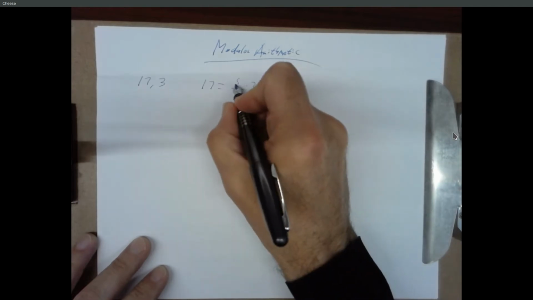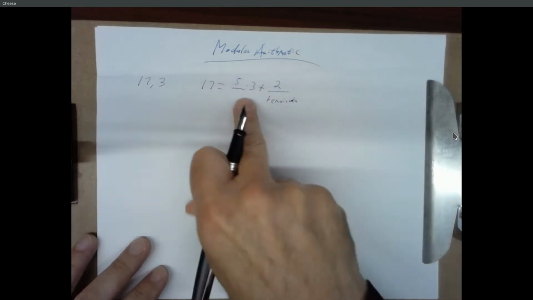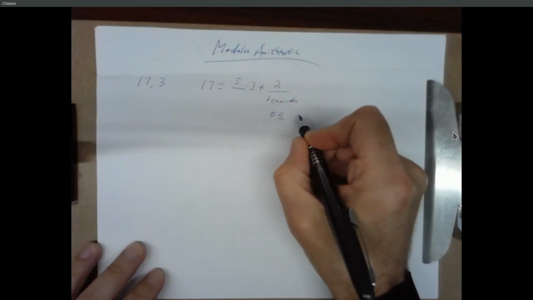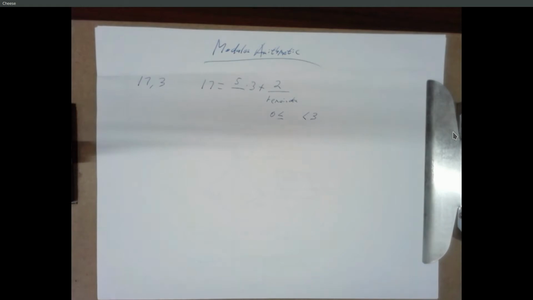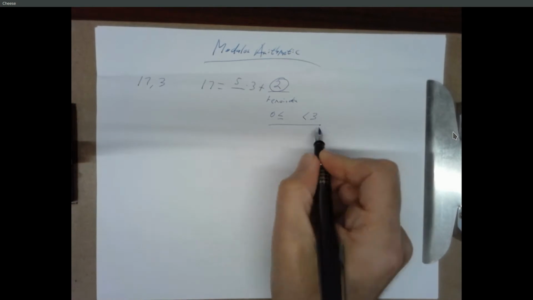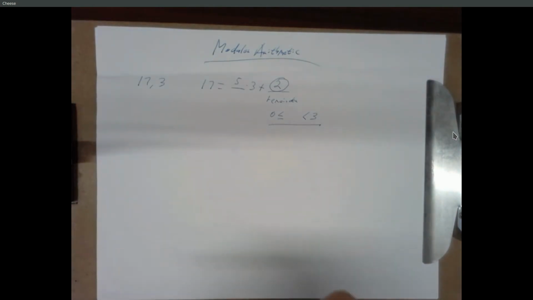The usual way to do this is to try to put 3 into 17 as many times as possible and then just see what's left over. And if we do that, our remainder is going to be bigger than or equal to 0, but less than 3. And there's a theorem that there's always exactly one unique number with this characteristic that we get as a remainder when we try to write 17 as something times 3 plus whatever's left over.